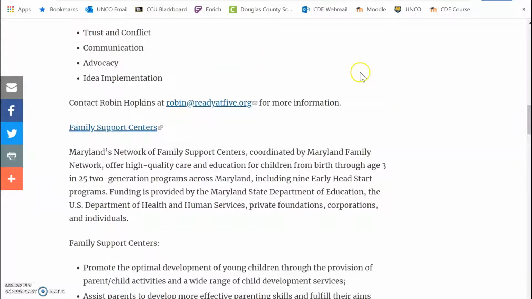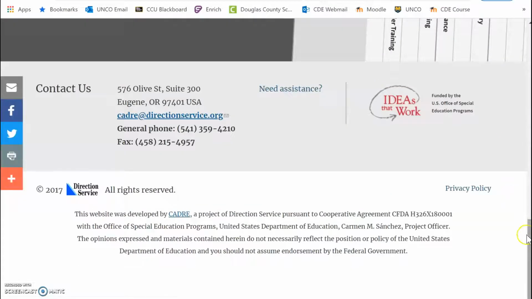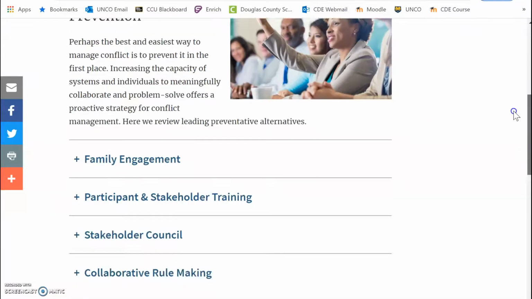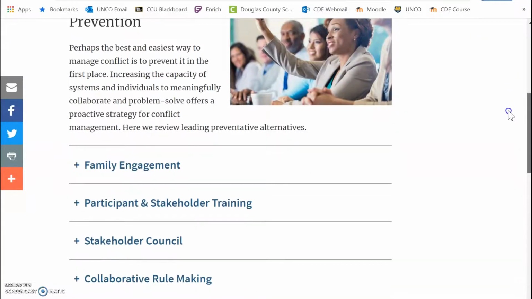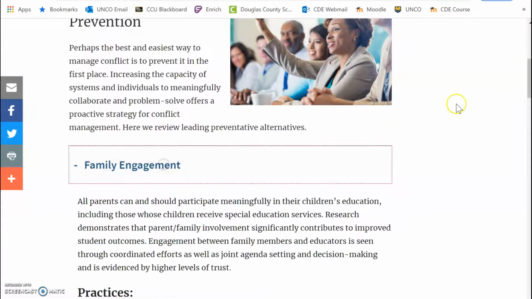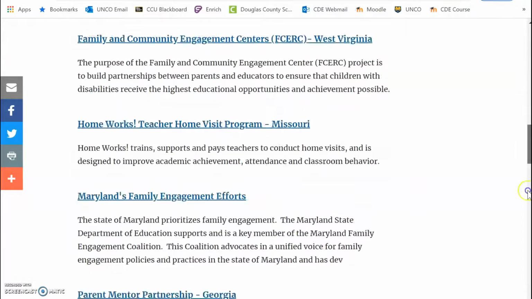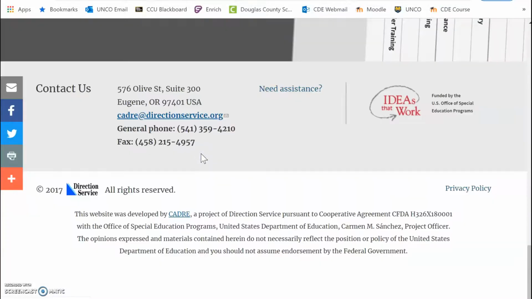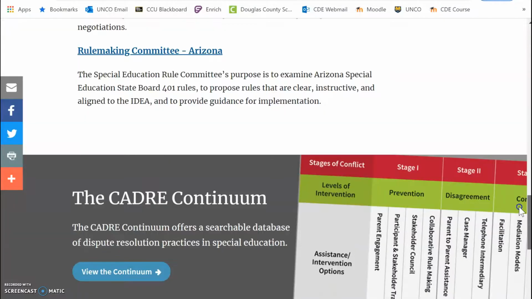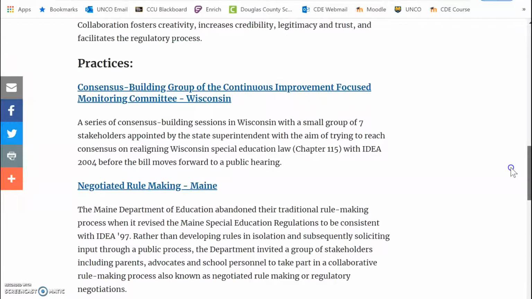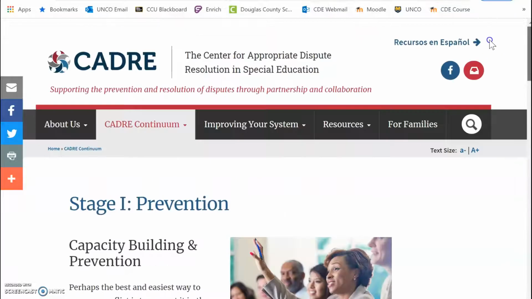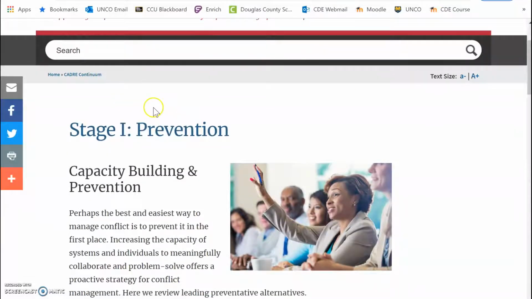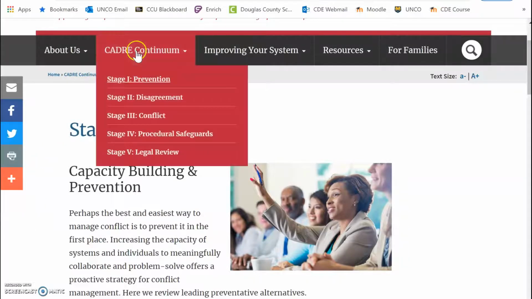Some different family support centers, resources, and ideas that are provided by that particular state, the schools there. So this goes on for several different links, and you'll see others as well here. It's just important that you do review some of these and get a feel for the resources that Cadre has to offer.